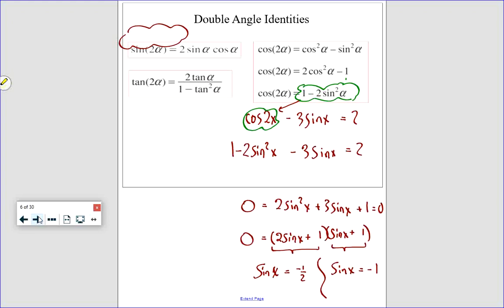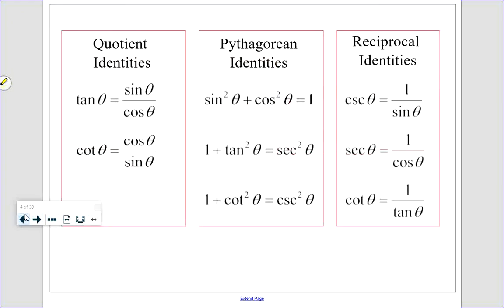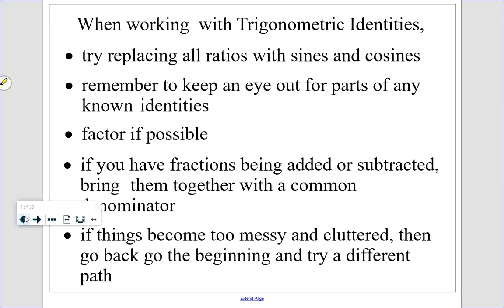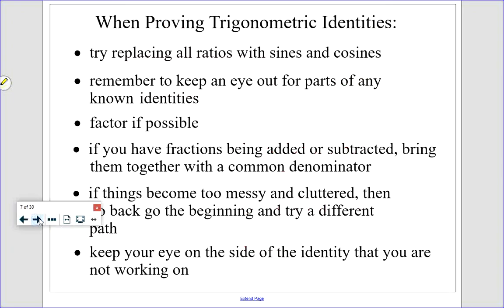when working with trig identities, which I have here, or when proving trig identities, I just added one more thing to the bottom. You know, when you're proving an identity or you're working with identities in general, try changing everything from sine to cosine. Try factoring. Try bringing fractions together. Keep your eyes peeled for things that you've seen before.